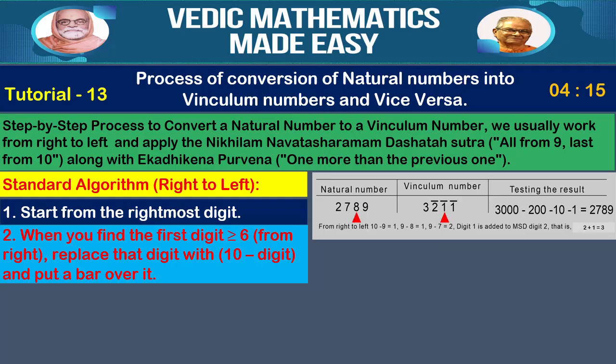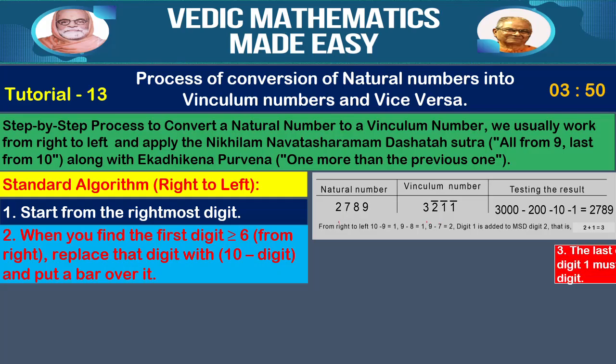Deduct 8 from 9, that gives 9 minus 8 is equal to 1 bar. Next digit also is greater than 6, that is 7. So, deduct this 7 from 9, that gives 9 minus 7 is equal to 2 bar.